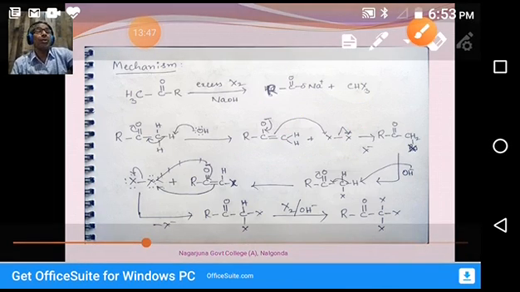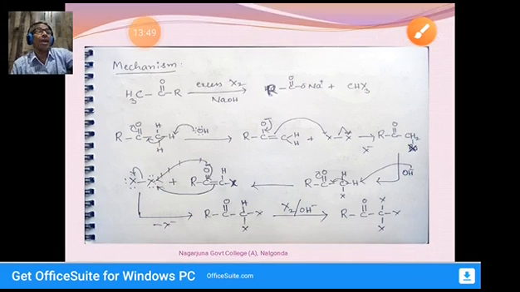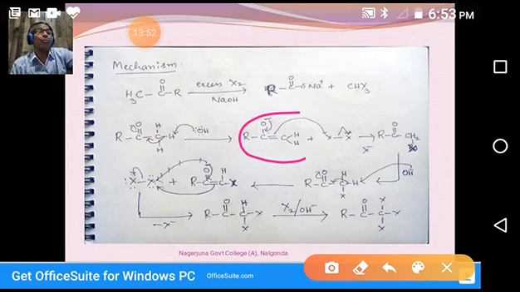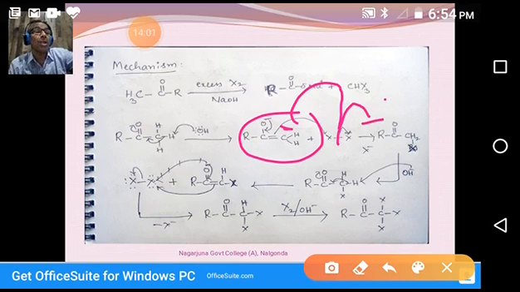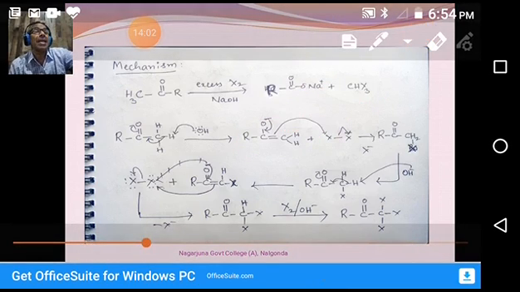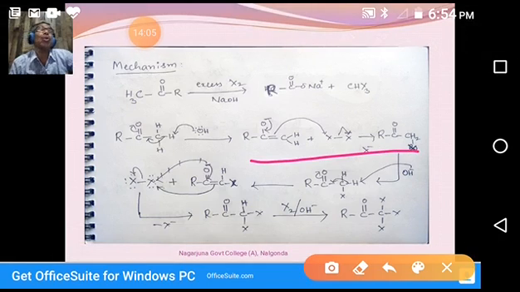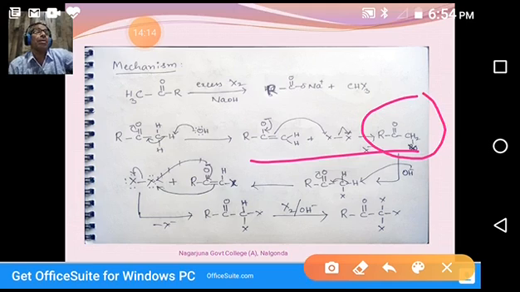This is the nucleophile, this minus charge attacking the halogen. So in this step, it is a nucleophilic substitution reaction. After this reaction, we get an alpha halogenated starting compound.